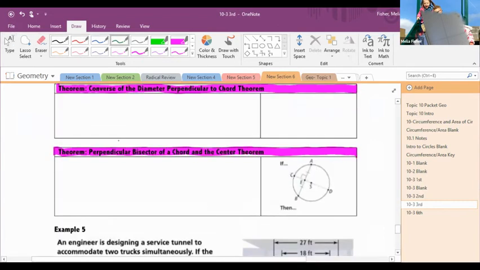It says that the perpendicular bisector of a chord contains the center of a circle.